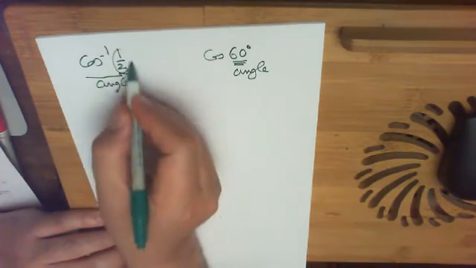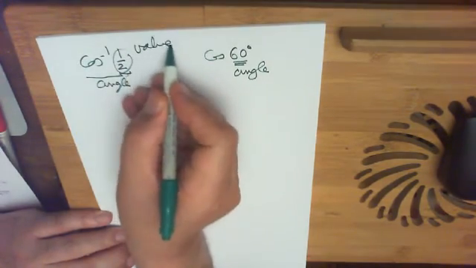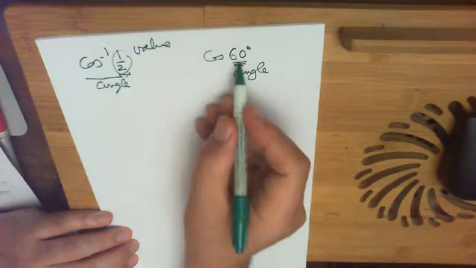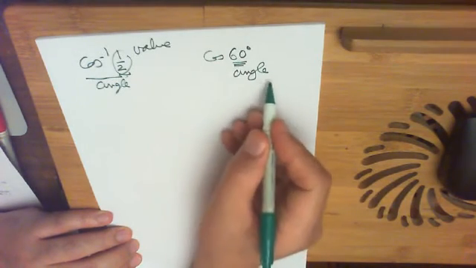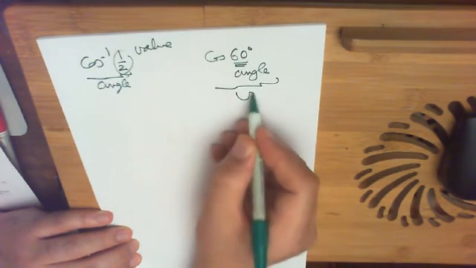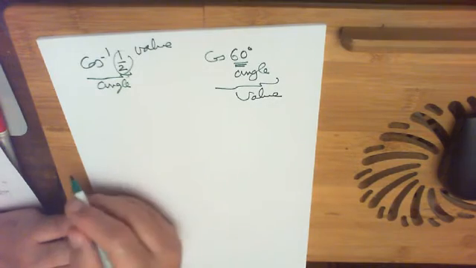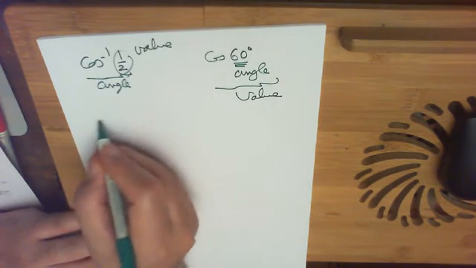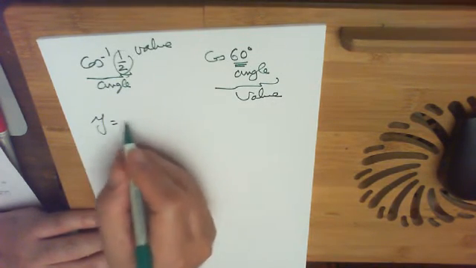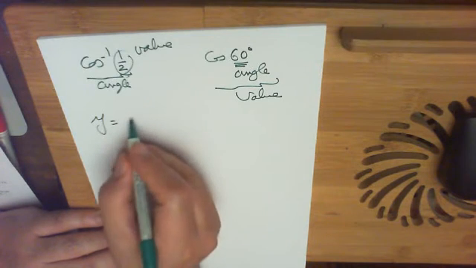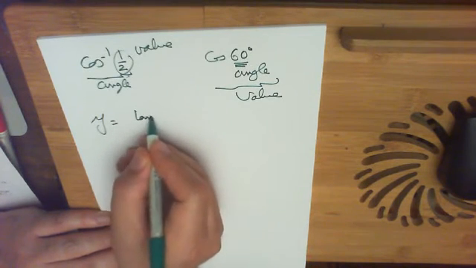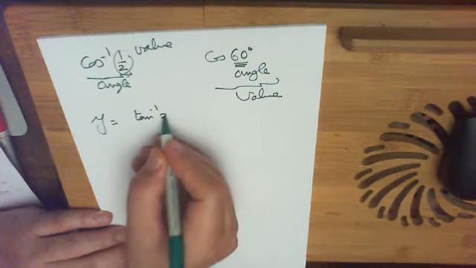Okay. In one case the given is a value, and you are asked to obtain an angle. Here, given an angle, you are asked for a value. Take care of this. So y equals tan minus 1 x.